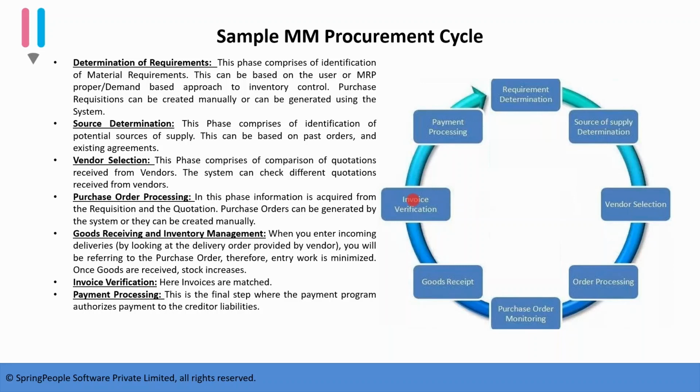We don't play any part in this invoice verification, but invoice verification is part of MM training. And then payment processing is strictly an FI transaction, because there are financial transactions happening, and very few people are allowed to perform this transaction.